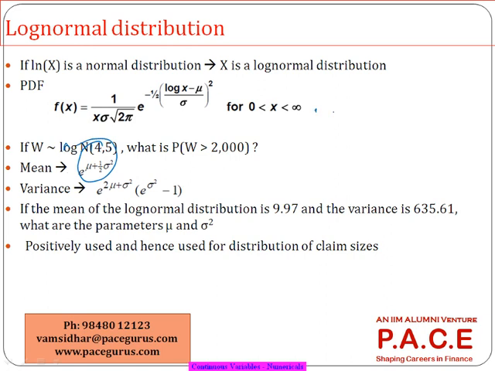It means that e power mu plus half sigma squared is equal to 8. And variance is this one, e power 2 mu plus sigma squared into e power sigma squared minus 1.